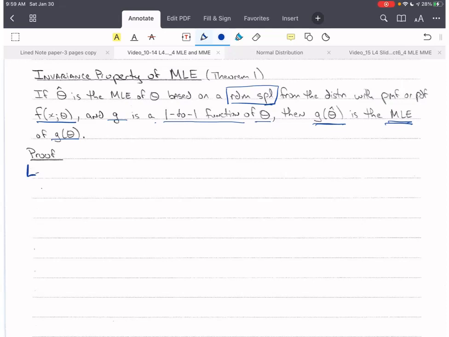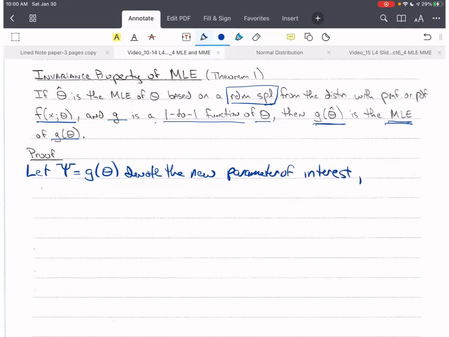So we're going to let phi equals g of theta denote the new parameter of interest. And sigma of phi, which is equal to the set of phi equals g of theta, such that theta is in sigma. So that's our new parameter space of interest.